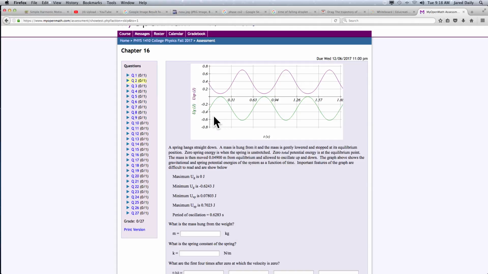Now, when you look at the graph that they show of this, the top one is the spring potential energy, the bottom one's gravitational potential energy.